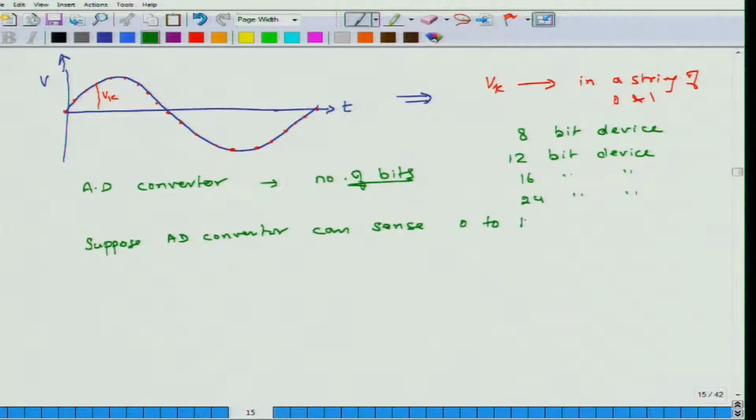sense 0 to 1 volt. So, it has a range of 1 volt. Okay. Now, let us say that the A to D converter is a 1-bit device, we will start with a 1-bit device, which means it will send out two possible signals.